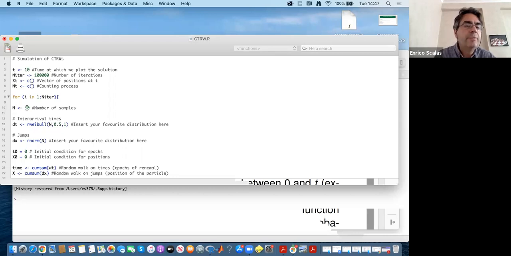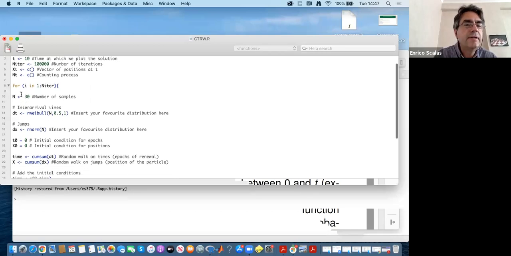Now, what you are doing is generating many values of X(t). And this is time consuming because you have to simulate your process many times up to time t. How many times? 100,000 times. You will see that it takes a bit for the program to run.